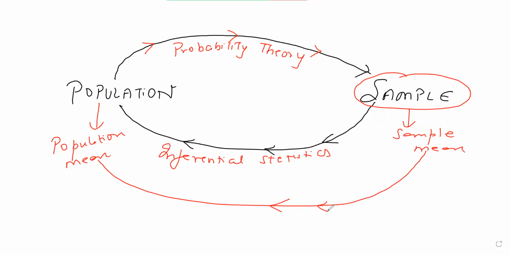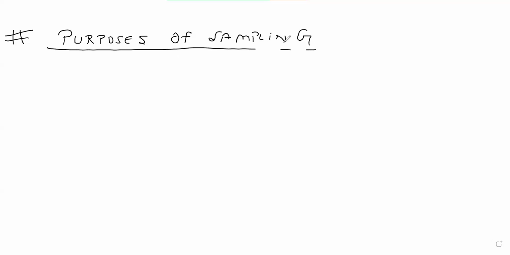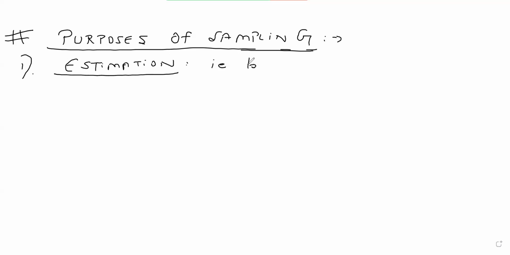Okay, so I hope all students have understood this. So I can now write what is the purpose of sampling. Although we have done it orally, let's quickly write a note. What is the purpose of sampling? There are two purposes of sampling. The first one is estimation, that is to make an estimate of some population characteristic.